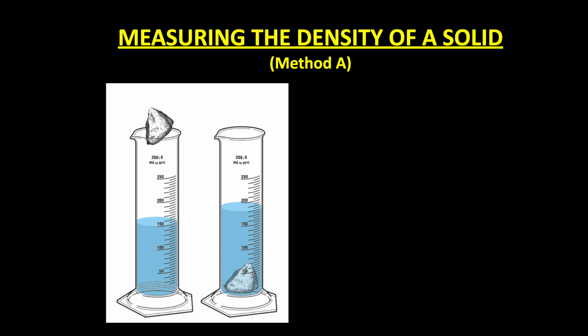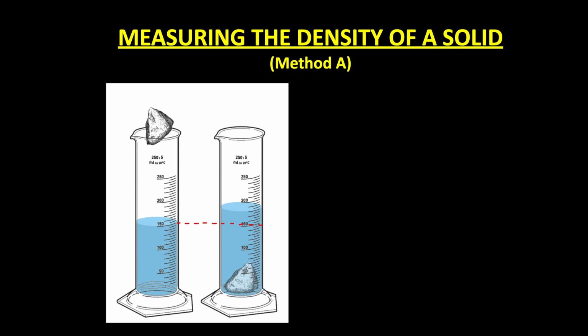Now there are two ways to measure the density of a solid, and both are based on the Archimedes principle. In method A, which we can see here, we place a solid in a liquid of a certain volume. And as the solid is placed in the liquid, a certain volume of the liquid is displaced. We can see that here. Initially, the liquid had a volume of 150 milliliters.